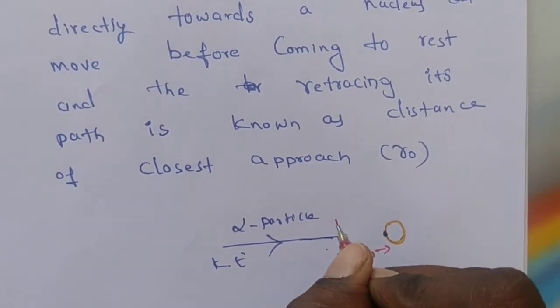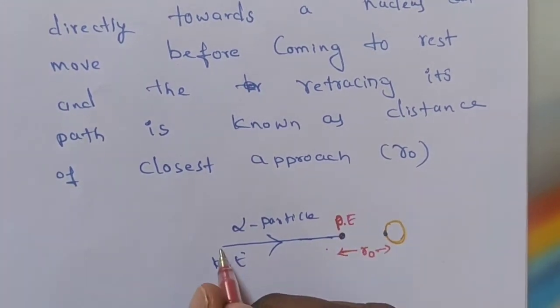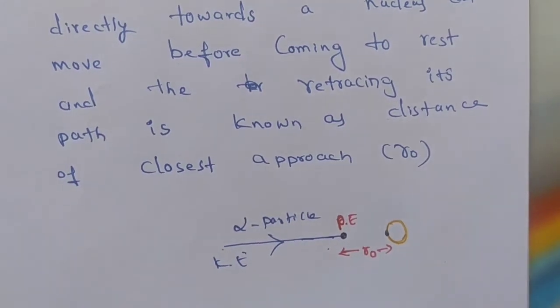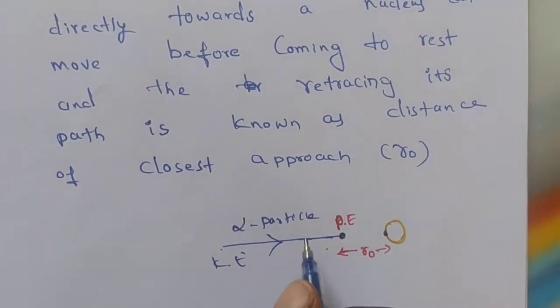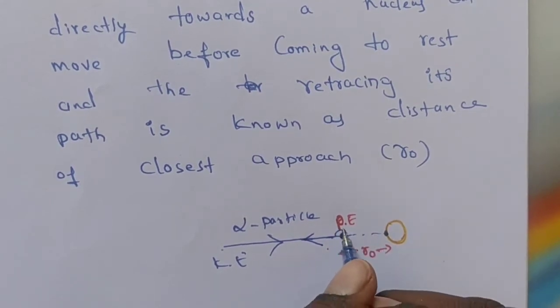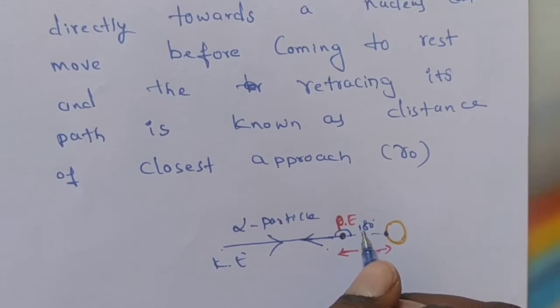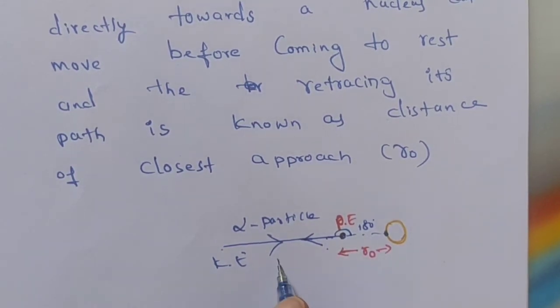Here kinetic energy converts to potential energy. Then it retreats back in the same direction. When it retreats back in the same direction, the angle between them is 180 degrees. For that 180 degrees, your impact parameter B is equal to 0. This distance we call R naught.